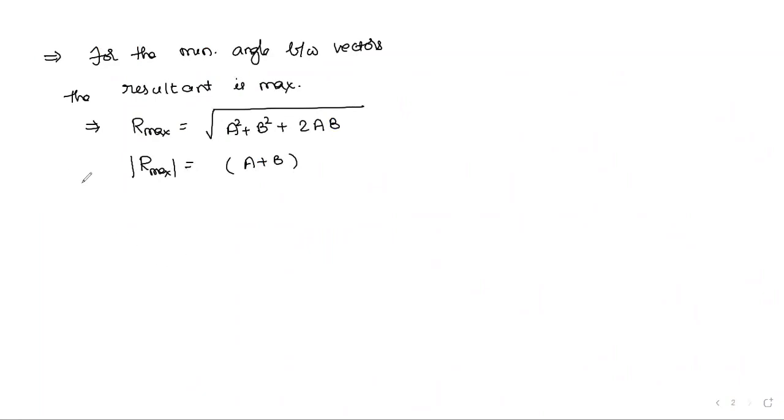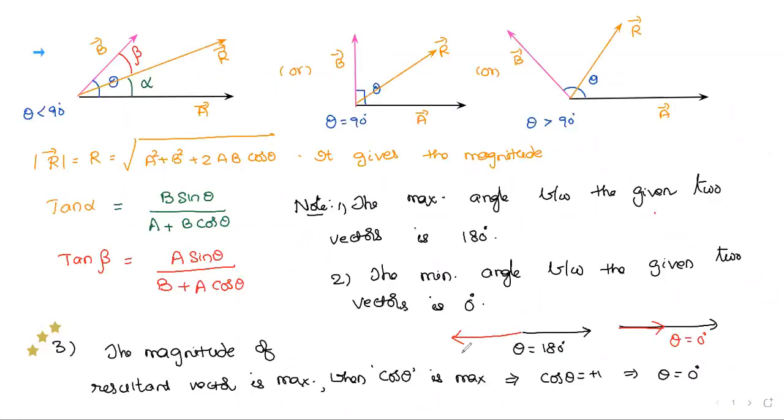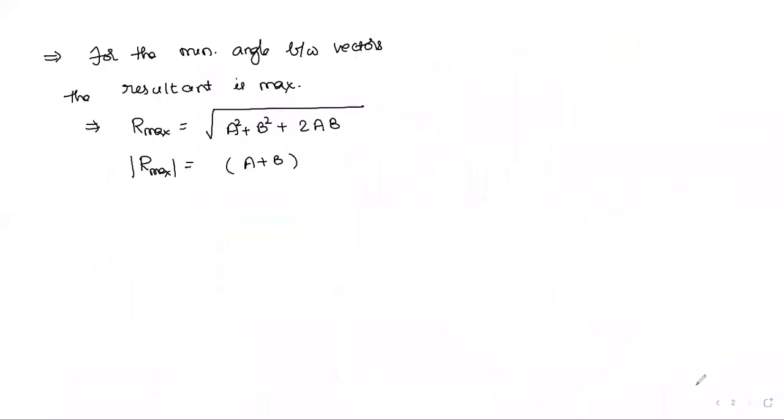Okay. And in the same way, the next point is also very important for us: the magnitude of the resultant vector is minimum. When is it minimum? When cos theta is minimum. What is the minimum value of cos theta? Theta 180 degrees. Exactly. Okay. So the next point is also important for us, a very important point.